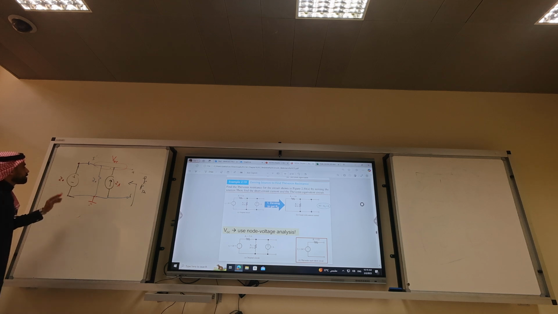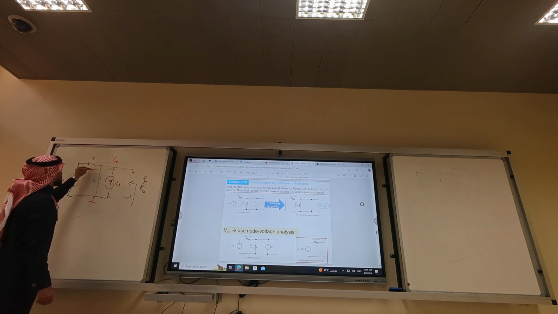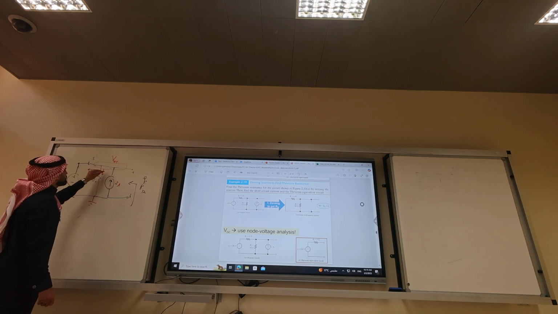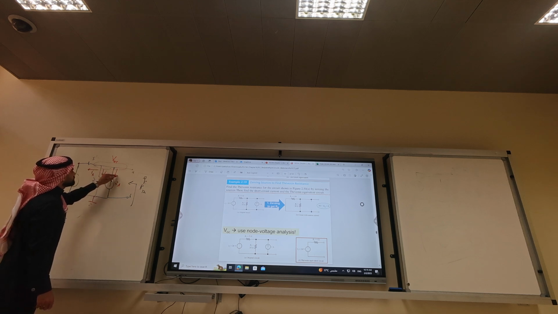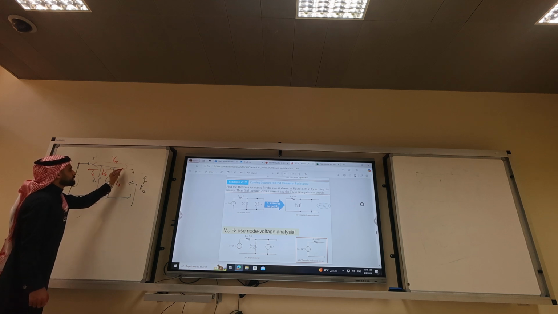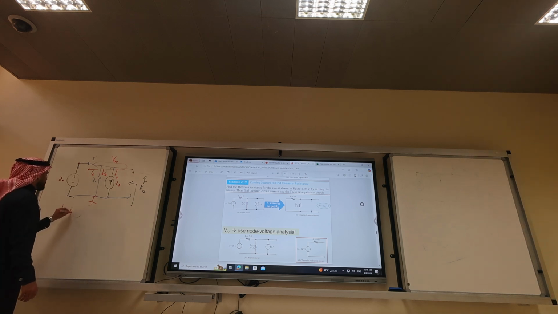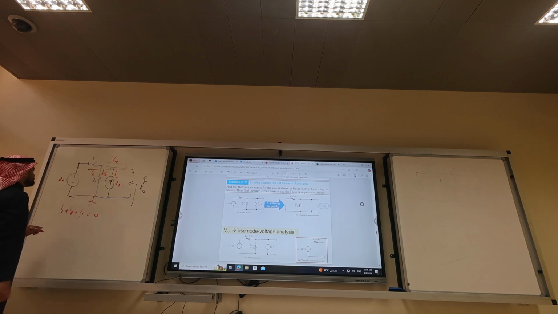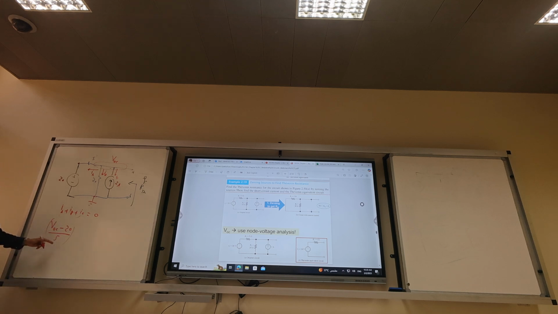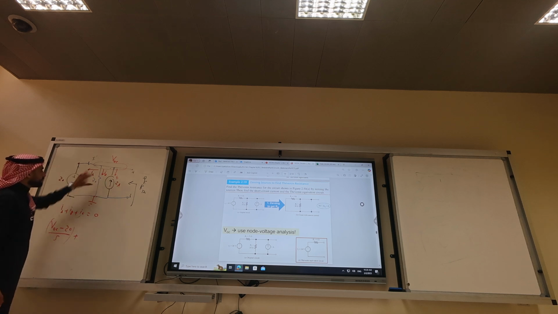Let's do the fake currents. We have here IA. We have here IB. We have here IC. Do we have a current here? No, because it's an open circuit, or we call it a hanging cable. So IA plus IB plus IC equals 0, right? What is IA? VOC minus 20 over 5. Clear? What is IB?